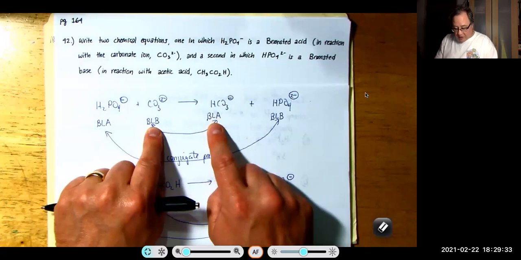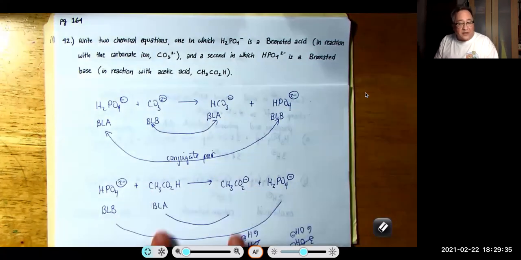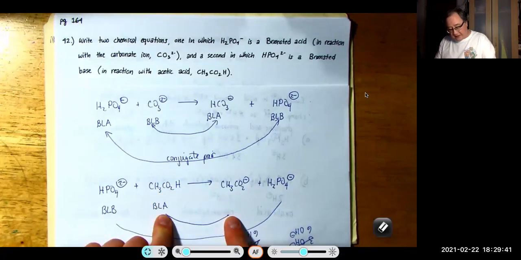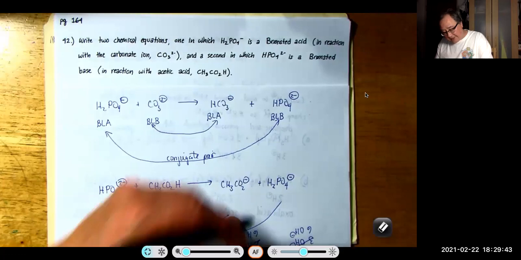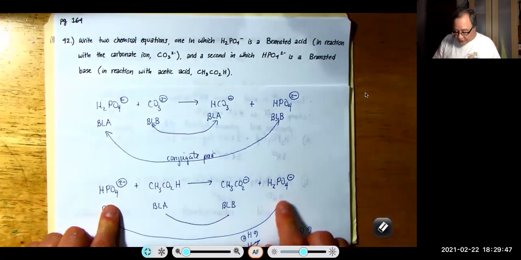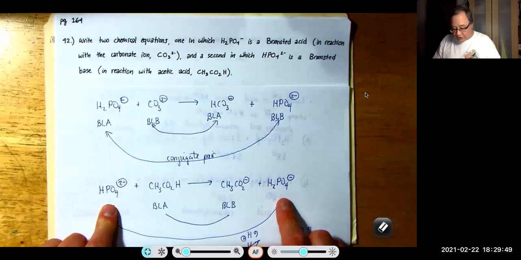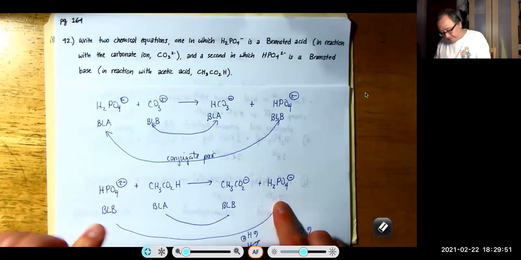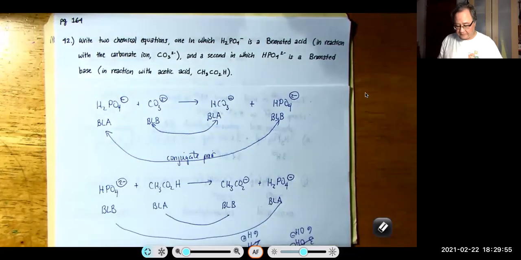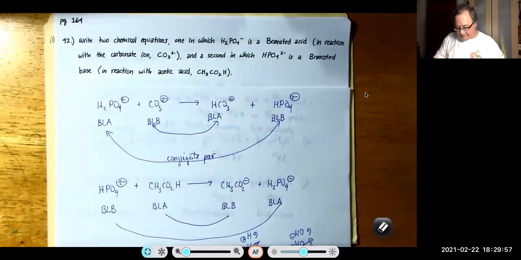If we go down below here, which one has more hydrogens? The one on the left, it's the acid. So what's the other side? A Bronsted-Lowry base. And if we look at these two, which one has more hydrogens? The one on the right, so it's the Bronsted-Lowry acid. Okay? All right.